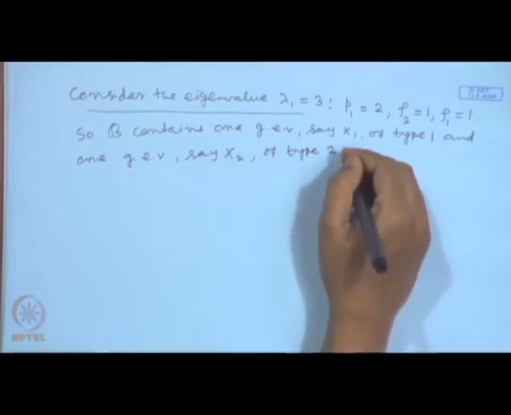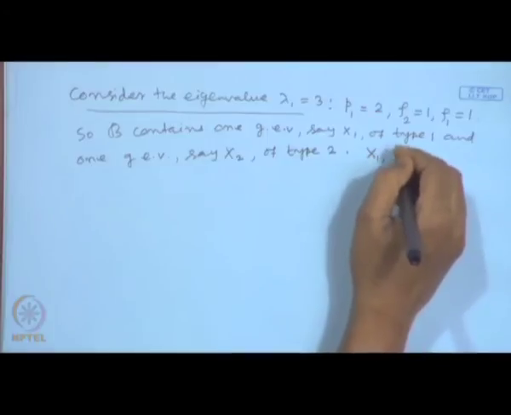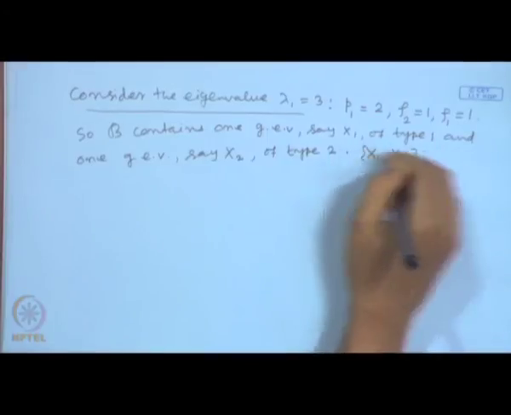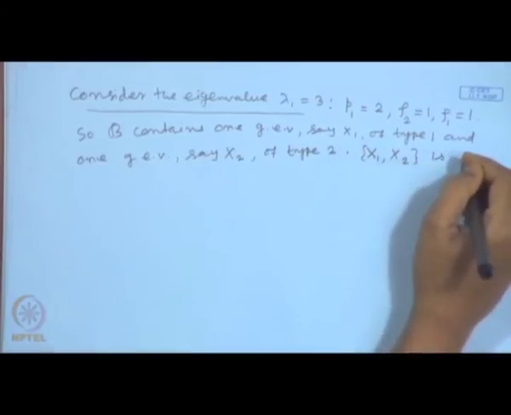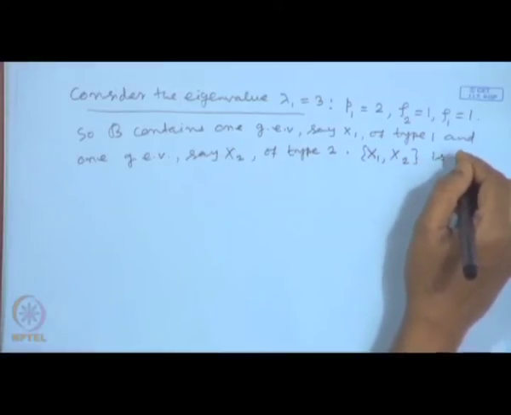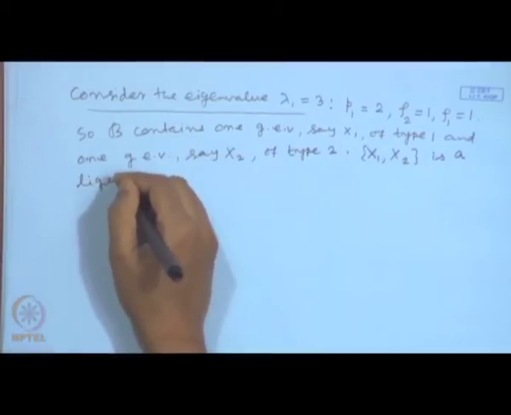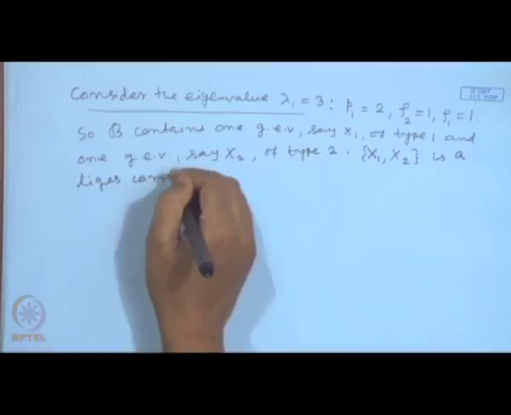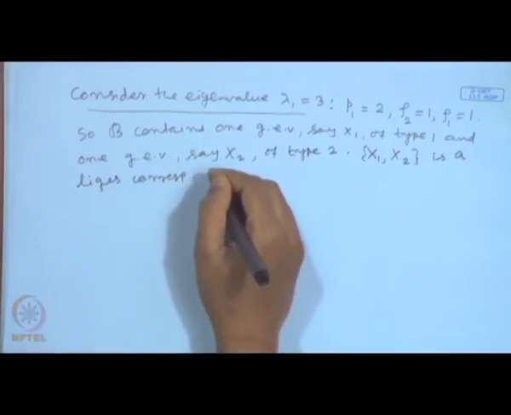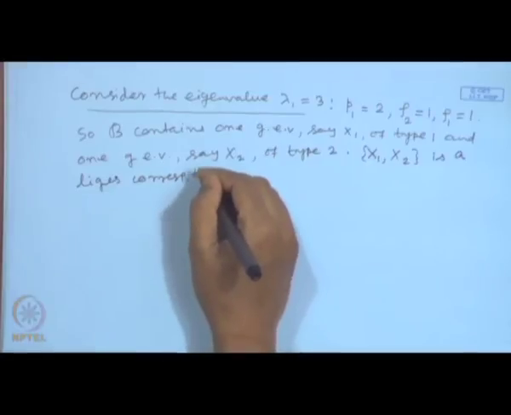Or in other words, x 1, x 2 is a chain corresponding to eigenvalue lambda 1.